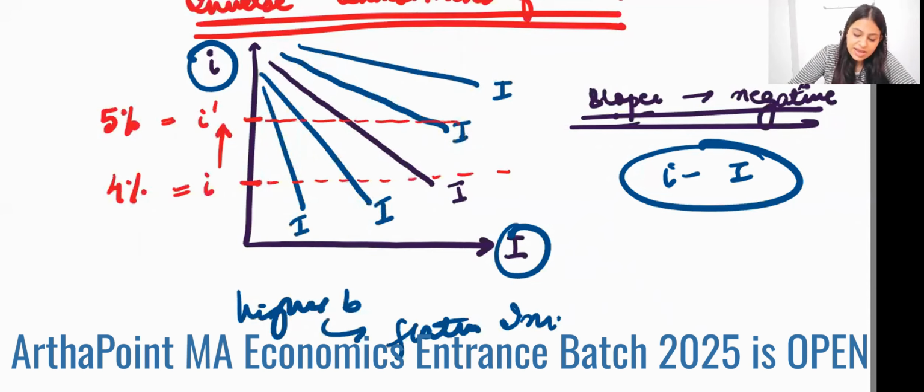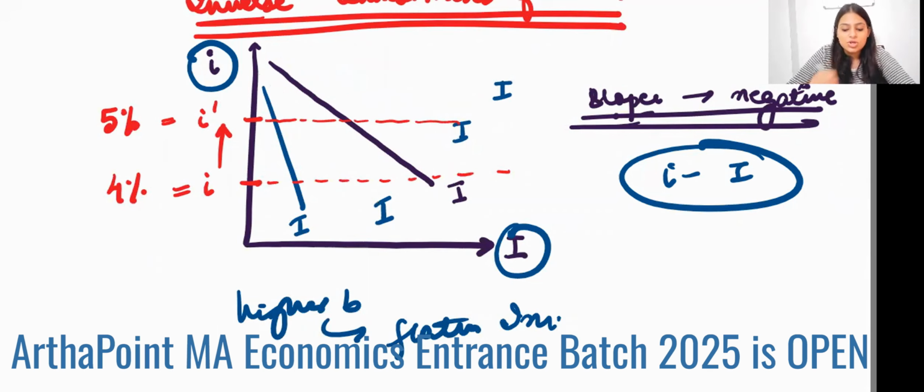In this case, when I have a very steep investment function, I'm just going to compare this versus these two. So when I have a steeper investment function, my investment decreases by this amount. When I have a flatter investment function, for the same change in interest rate, my investment decreases by a huge amount.